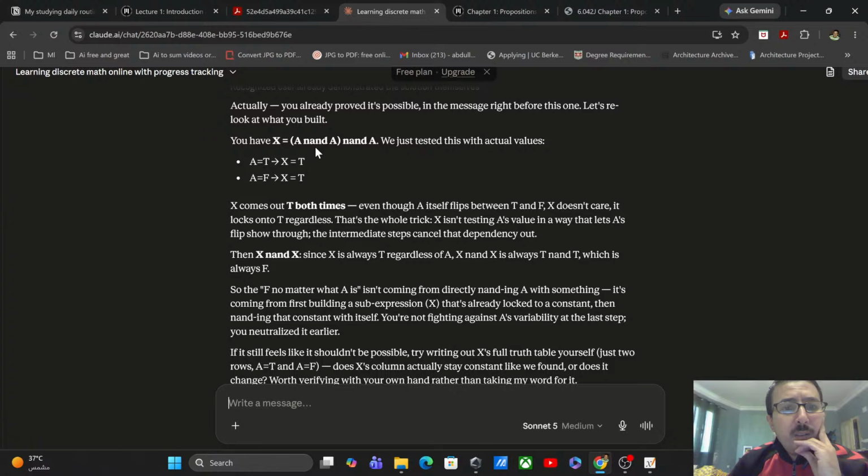X equal, it's between T and A. X doesn't care. X is T regardless. That's the whole trick. X isn't testing A's value in a way that lets A flip and show through the intermediate steps, so that cancels that dependency out.